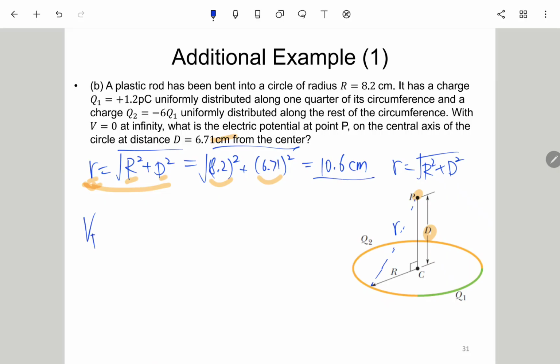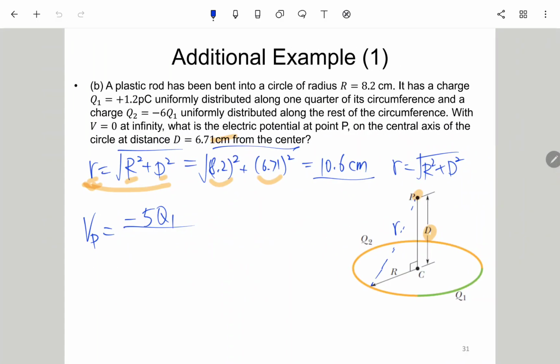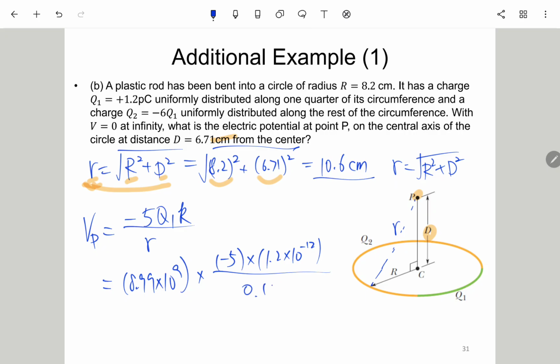So finally, V_P will be negative 5 Q1. I won't repeat it because it is just Q1 minus 6 Q1, to be negative 5 Q1, times k, and then over small r. So that is 8.99 times 10 to the 9th power, times negative 5 times 1.2 times 10 to the negative 12, over 0.106.